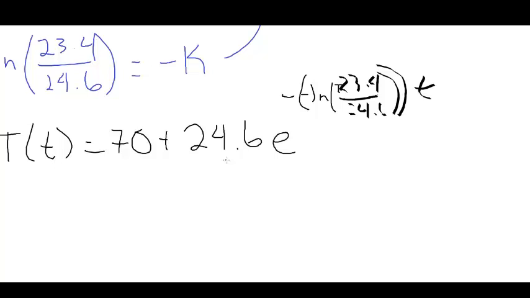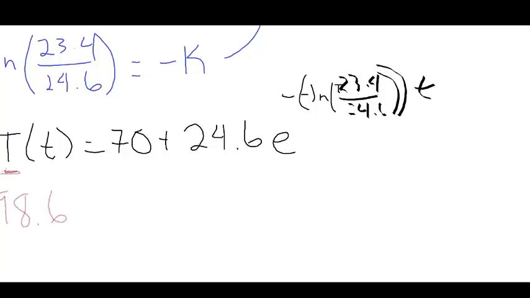The time the body was last alive was when the temperature of the body was 98.6. That's the best estimate that we know for the human body, that the living temperature of the body is 98.6. So that's going to be our capital T, the temperature we want it to be at, because we want to know the time at which that temperature was 98.6.